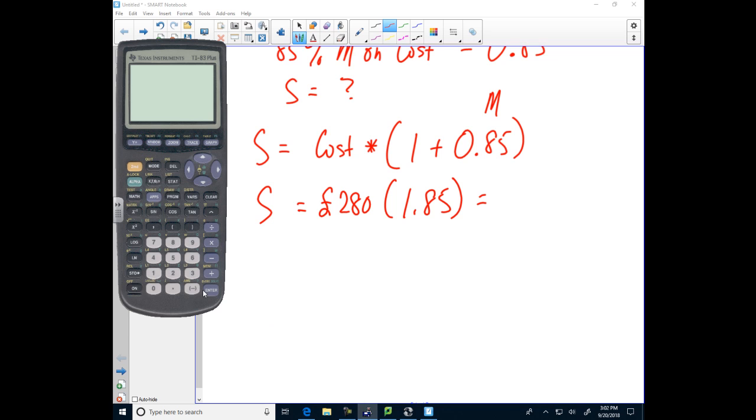So let's put it in. 280 times, put a multiplier in there, 1.85. And we get what? It's not dollars, is it? £518.